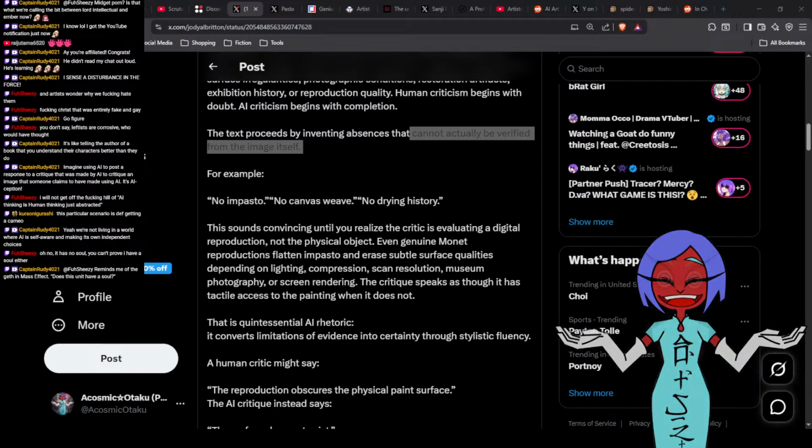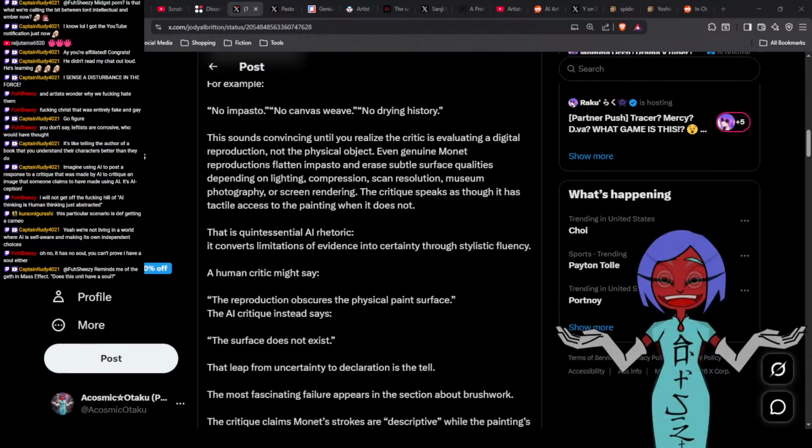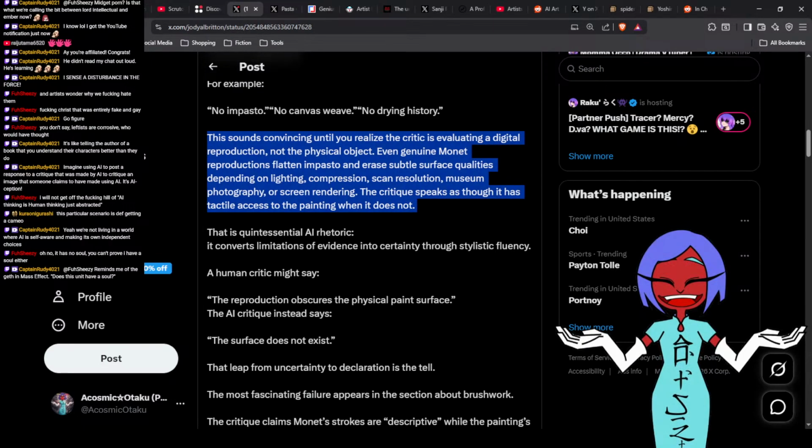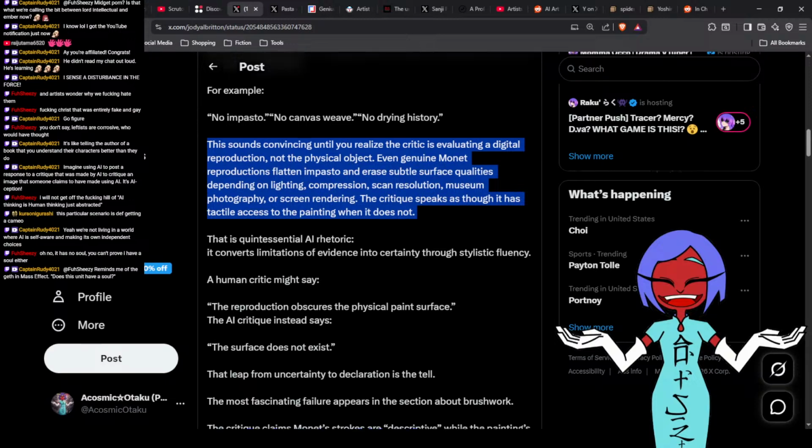Right. So, let's see. This sounds convincing until you realize the critic is evaluating a digital reproduction, not the physical object. Even genuine Monet reproductions flatten impasto and erase subtle surface qualities depending on lighting, compression, scan resolution, museum photography, or screen rendering. The critique speaks as though it has tactile access to the painting when it does not.